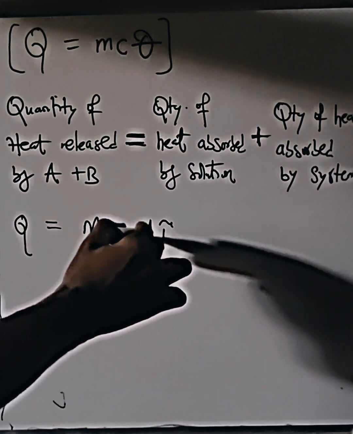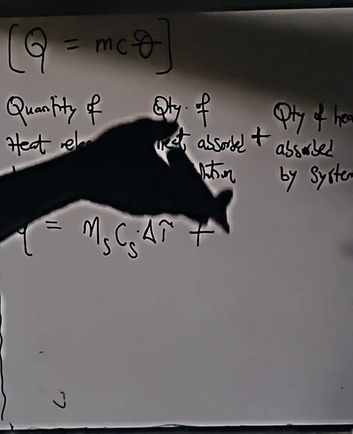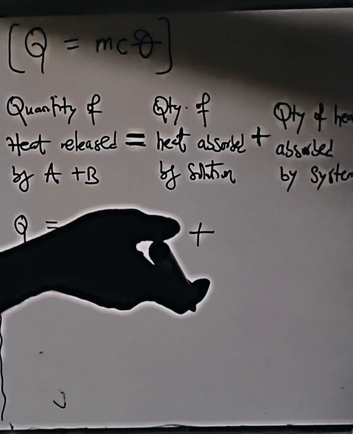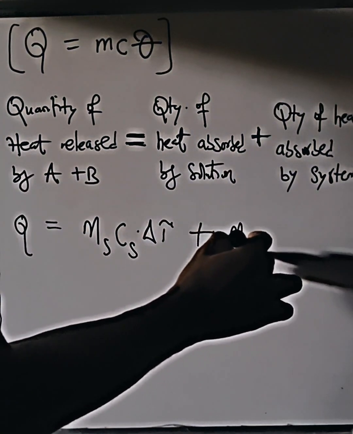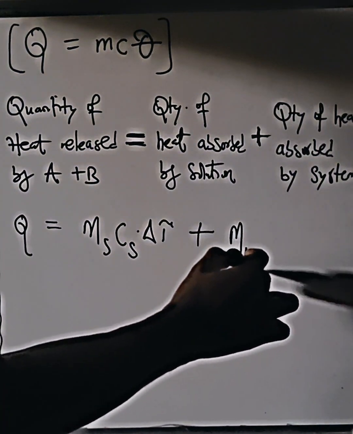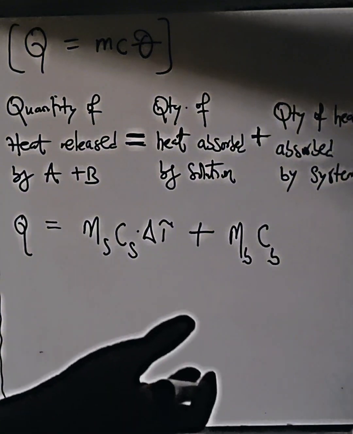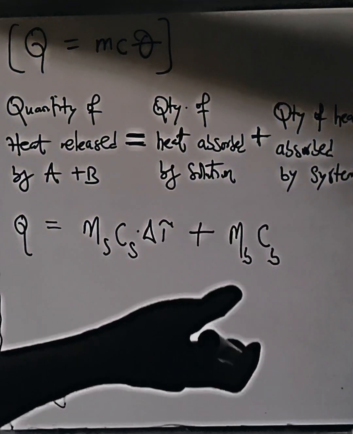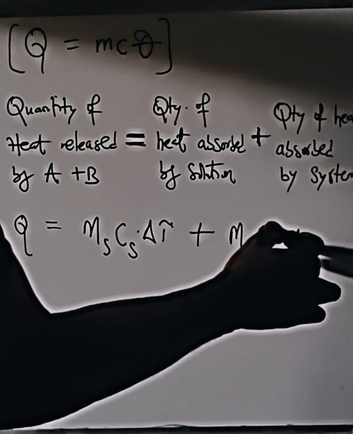Then we add the quantity of heat absorbed by the system. The system is a beaker, so we're also going to find the mass of the beaker itself. Then the specific capacity of the beaker, made of glass, which we liken to that of glass, 0.756. We multiply by the temperature change again.